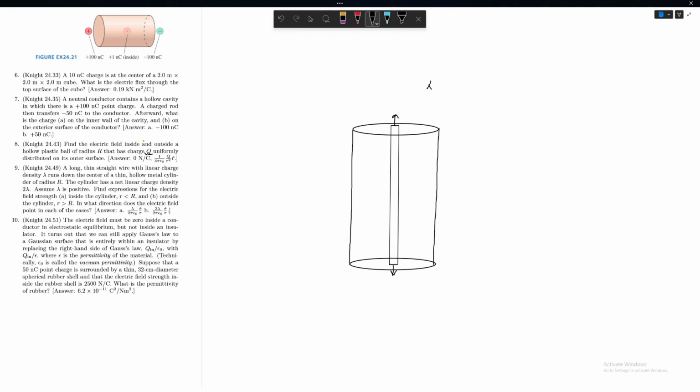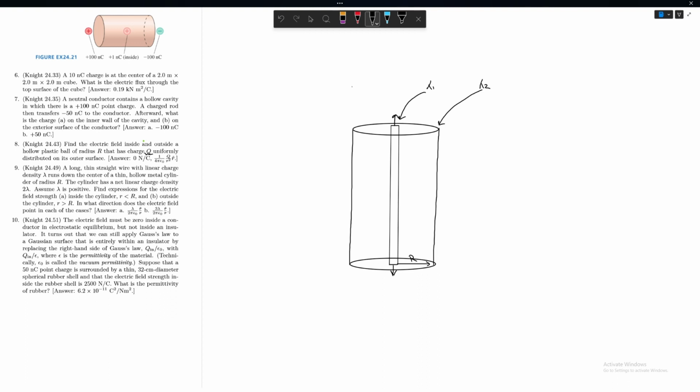The cylinder has a net linear charge density. So this is 1 for the wire, or whatever this rod is, and 2 is for this. Now it's a hollow metal cylinder of radius r. So this has some radius r, right?